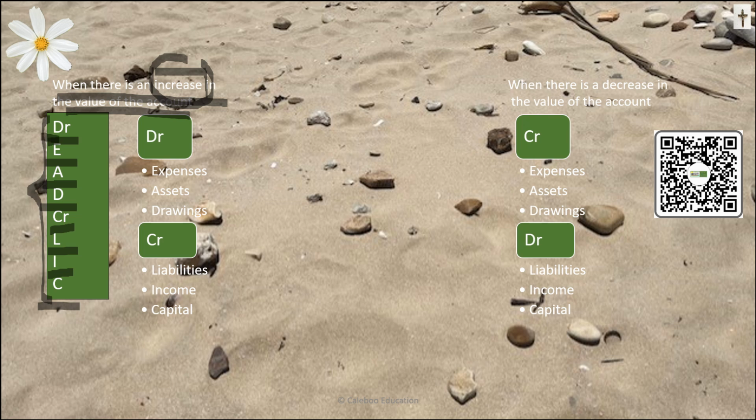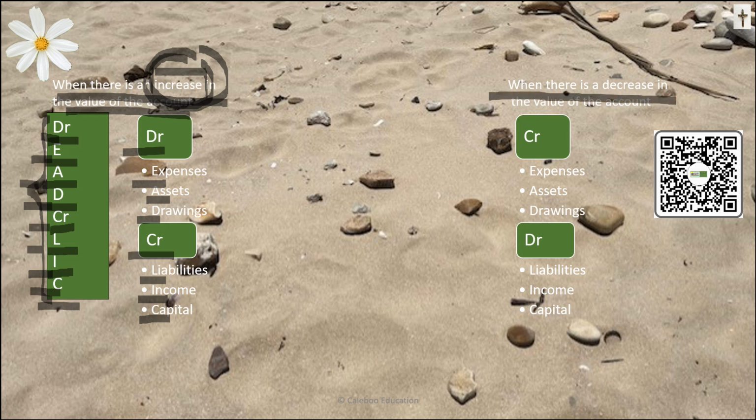Debit, expenses, assets, drawings, and credit, liabilities, income, and capital when there is an increase. So there it is, debit, expenses, assets, drawings, credit, liabilities, income, and capital. And the acronym is DEADCLIC. When there is a decrease in the value of the account, it is the opposite.